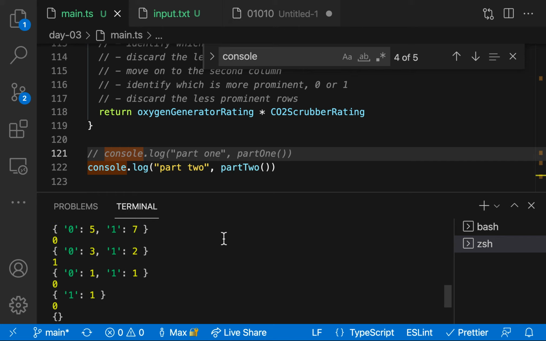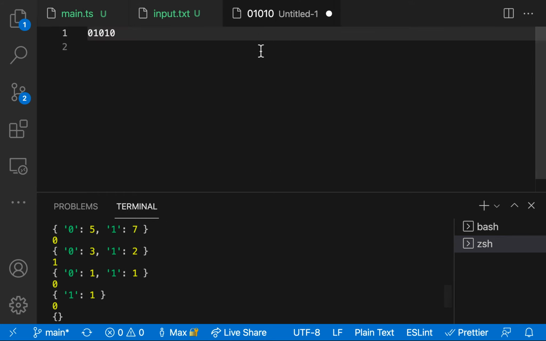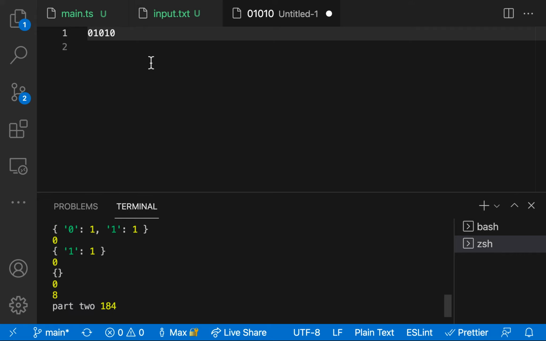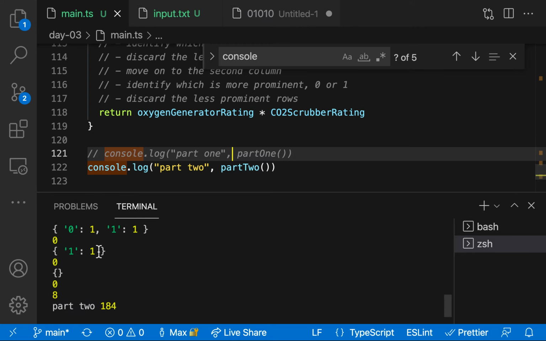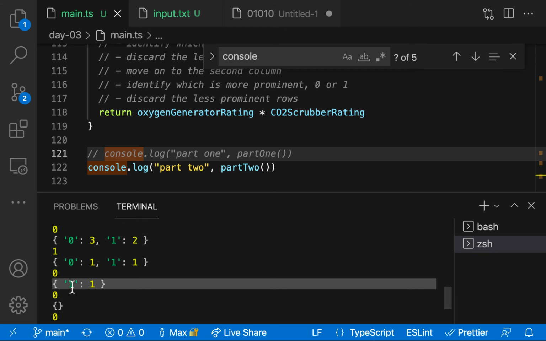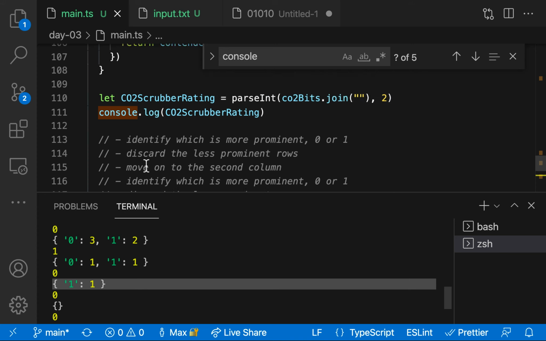Or weirdly it is correct, but then let's see, so right, actually maybe it's not correct. So we had counts of 1 and 1, and how did that return a 0? Right, 1 was the most common, not 0, and 1 is all there was, right?